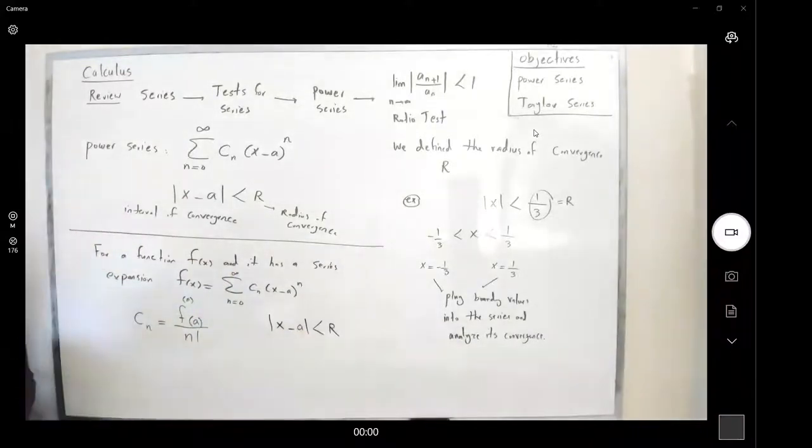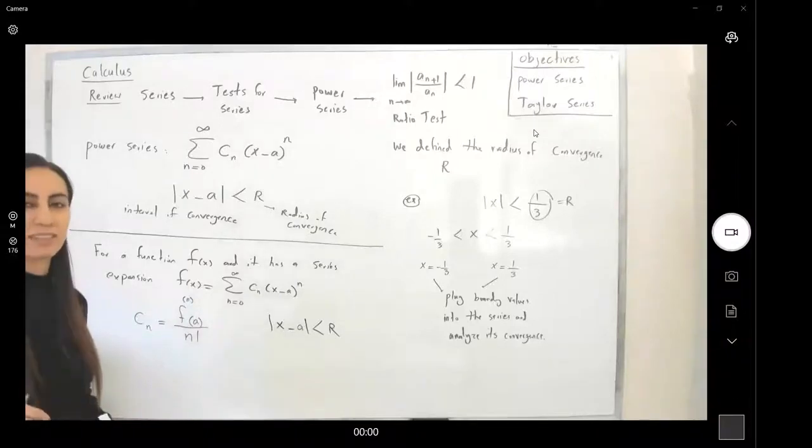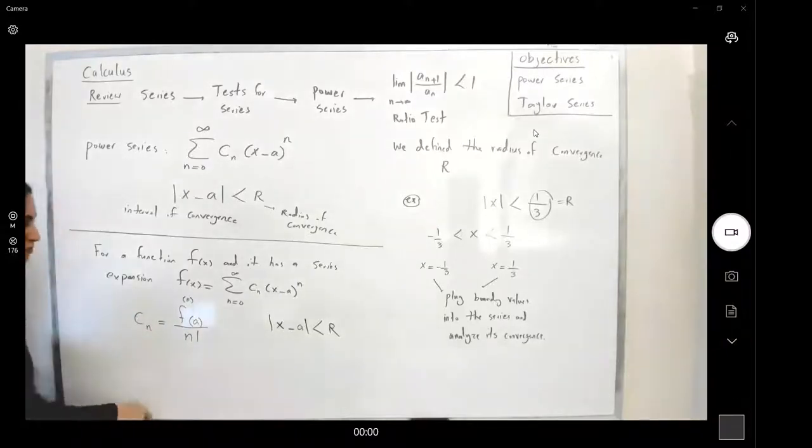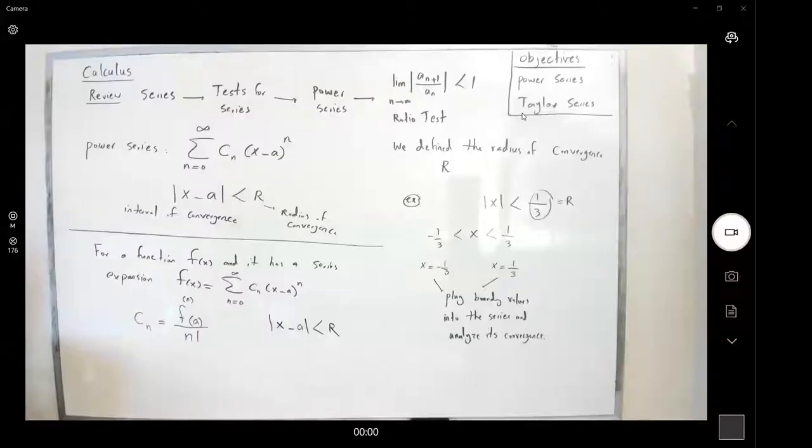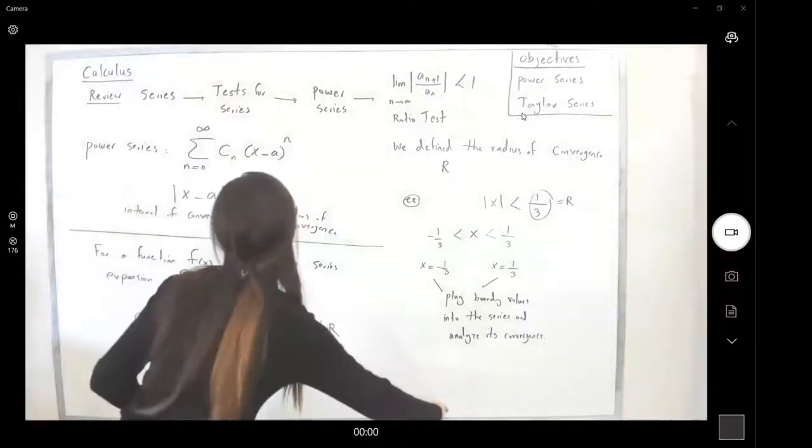Okay, let's take a look at one example. Then we go over two theorems and we try to analyze the remainder of the function. Let's take a look at one example.